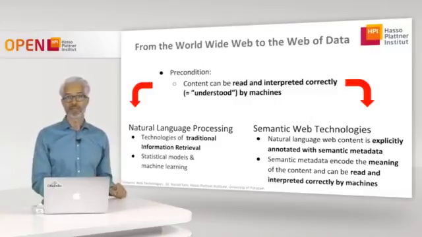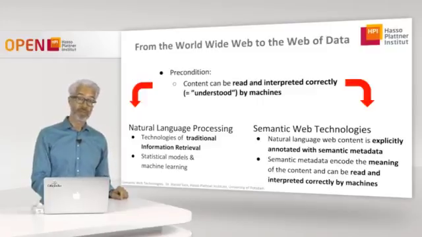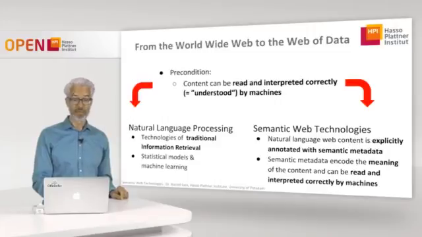This semantic metadata encodes the meaning of the content, and it can be read and interpreted correctly by machines. In this lecture, we want to learn how we correctly annotate natural language content, for example, with explicit semantic annotation.